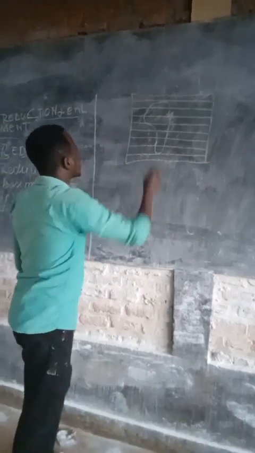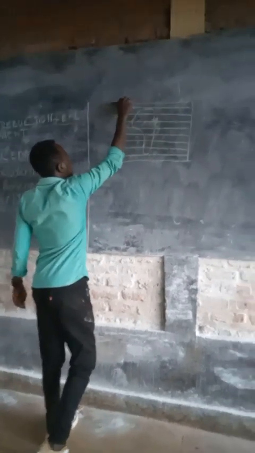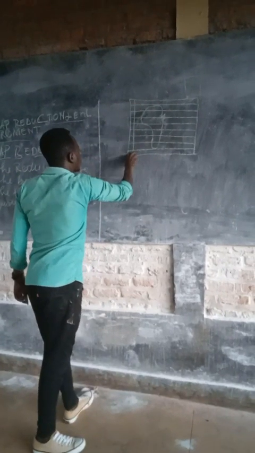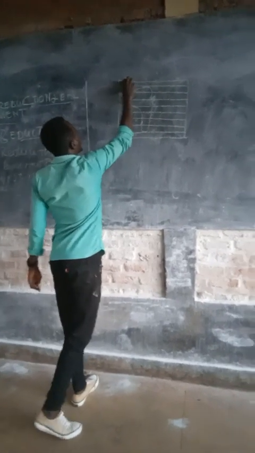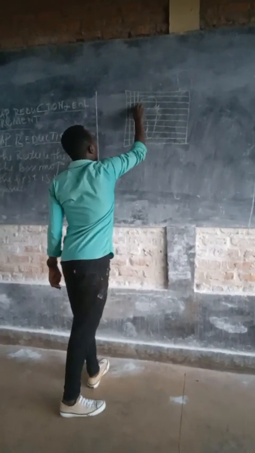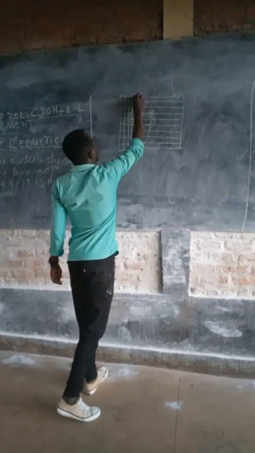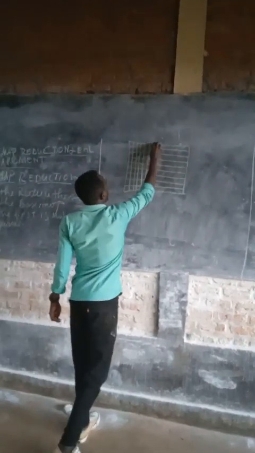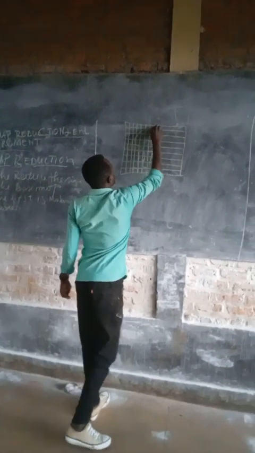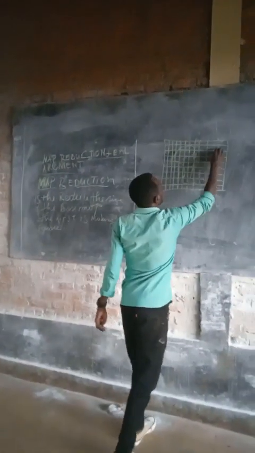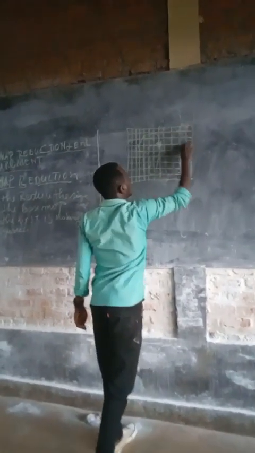And there are others which are vertical, which we call the longitude lines.